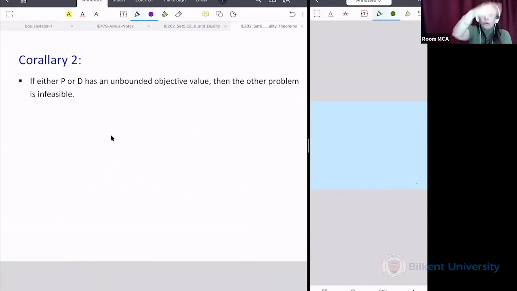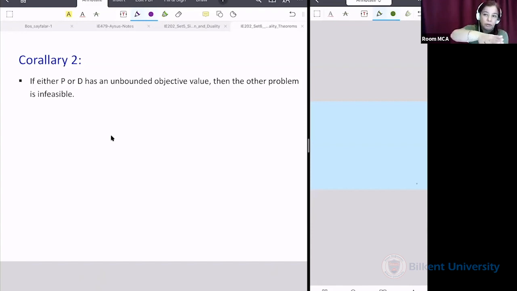The objective function value of the one you're minimizing will always be larger than that of any feasible solution for the one you're maximizing. Corollary 1: when their objective function values are equal to each other, they're optimal. Otherwise, there would be a better bound, which is not possible, right? So they have attained their bounds, they're optimal.